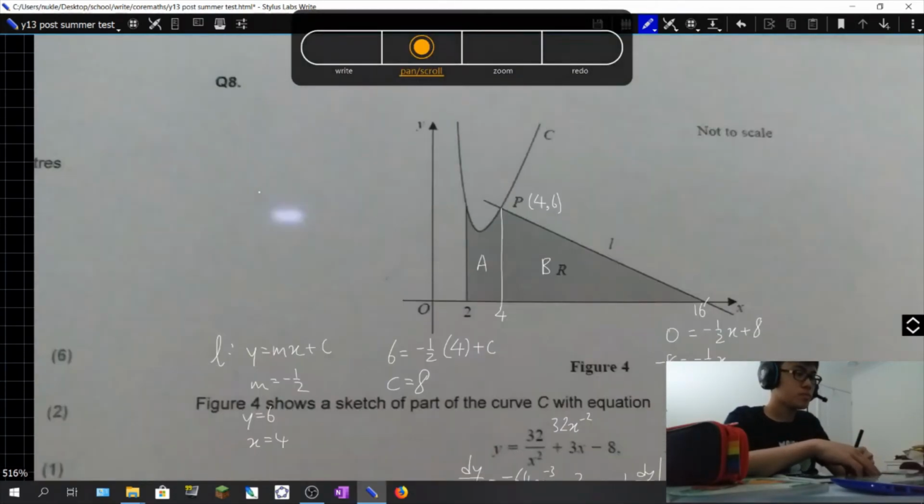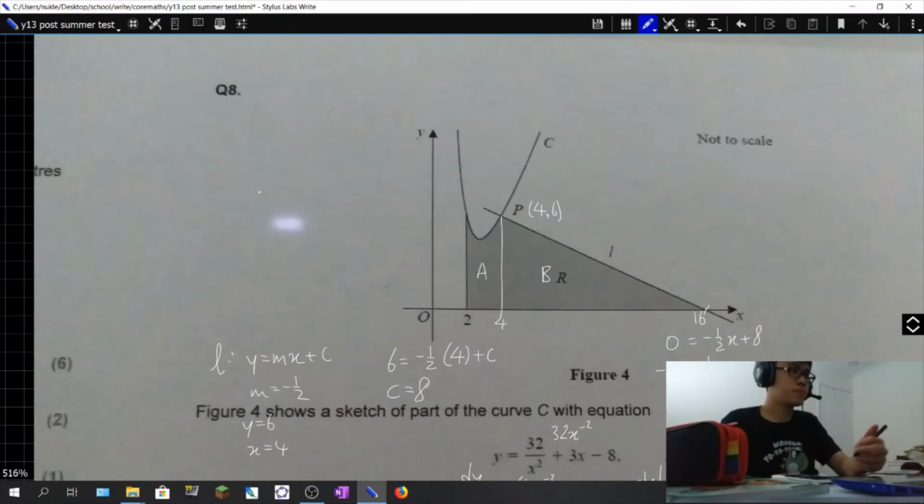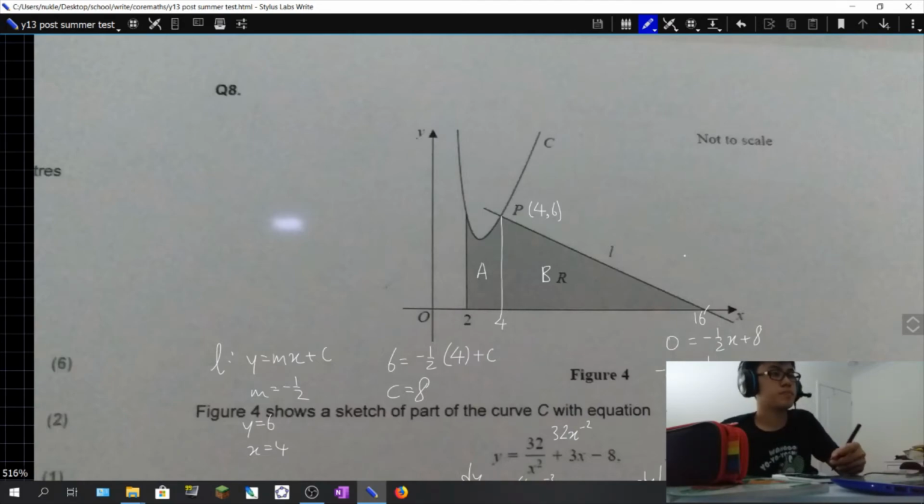So your triangle is going to be, well, height is going to be 6, and the base is going to be 16. So b is 1/2 times 6 times 16, which is 3 times 16, which is 48.